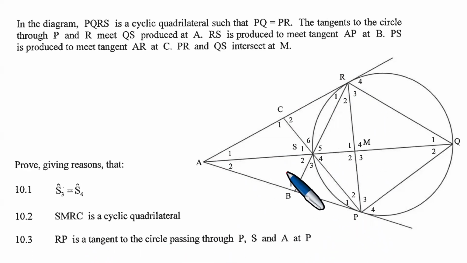Let me mark this point so that we do not forget. There's a point P here, a point S through which the circle passes, and a point A through which the circle passes, and we are effectively saying RP itself becomes a tangent to this particular circle, where this is the point R.